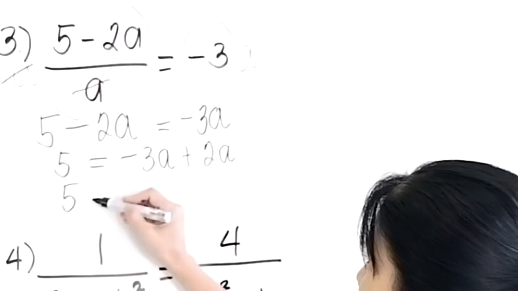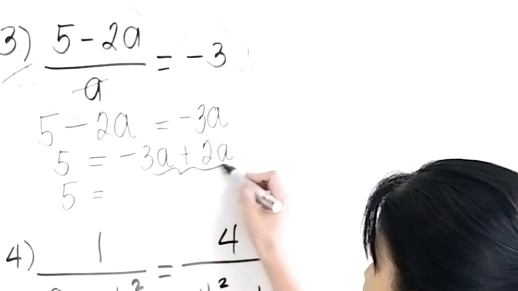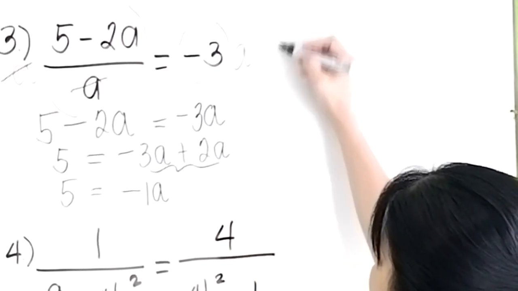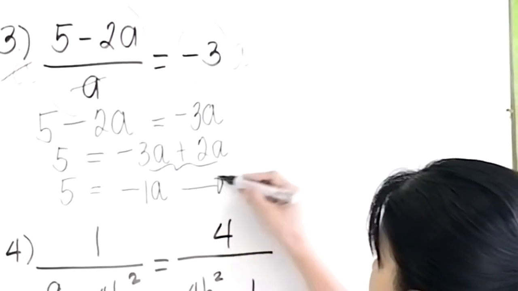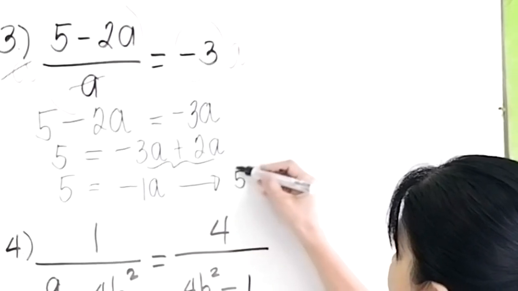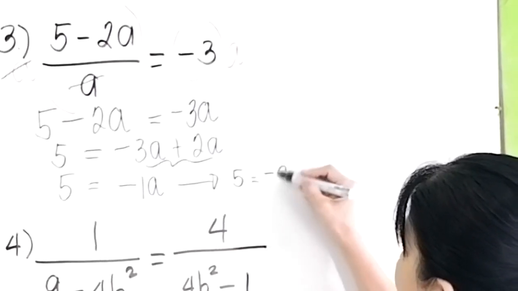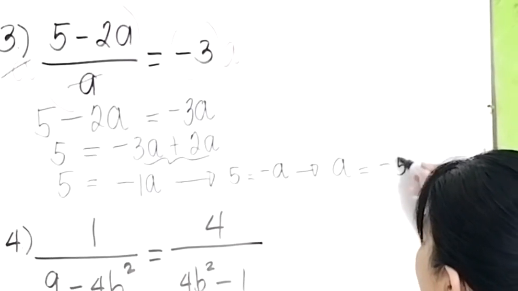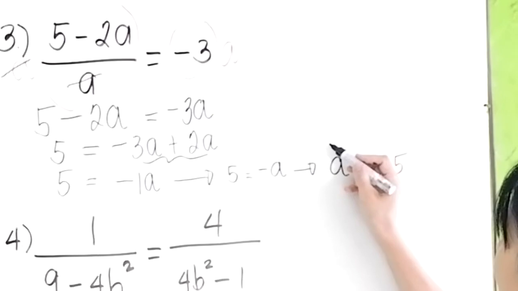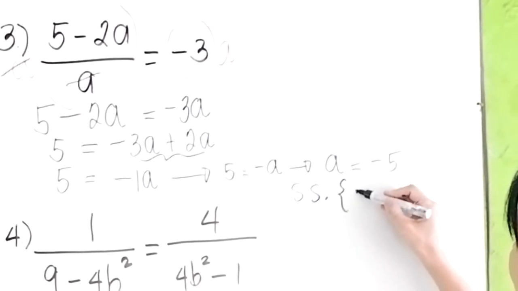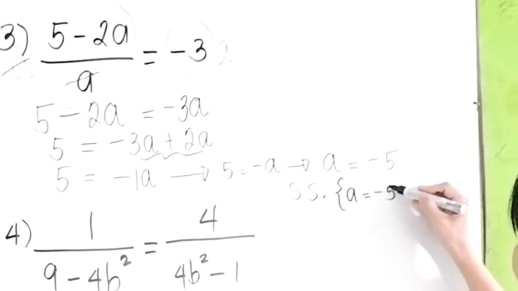So 5 is equal to negative 1a or negative a. So 5 is equal to negative a, so therefore a equals negative 5. So in your solution set, you can just write a is equal to negative 5.